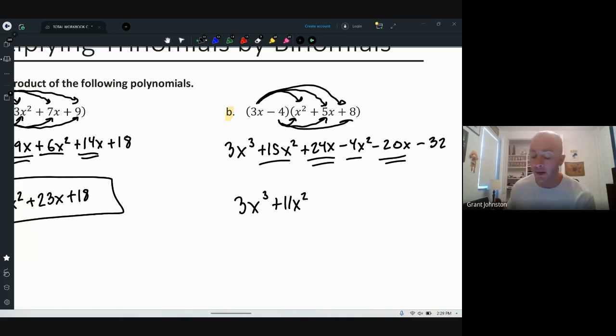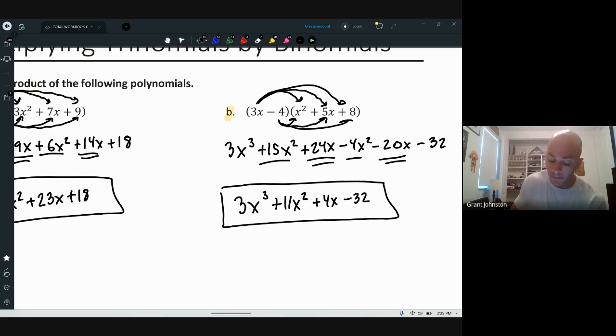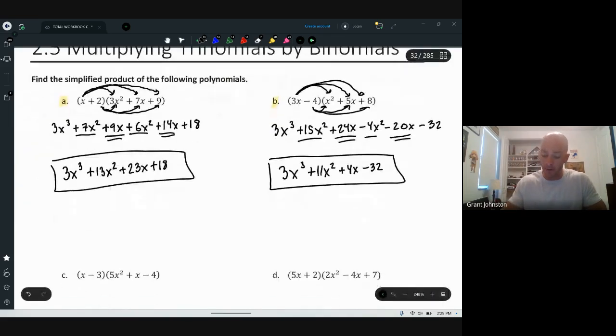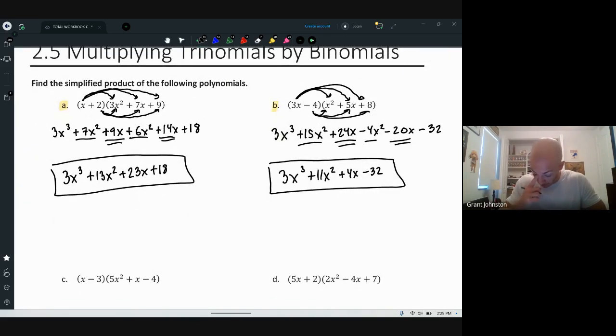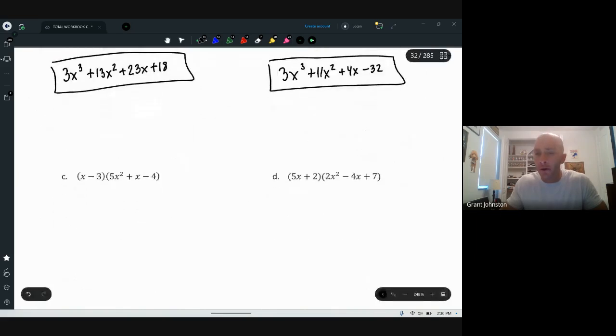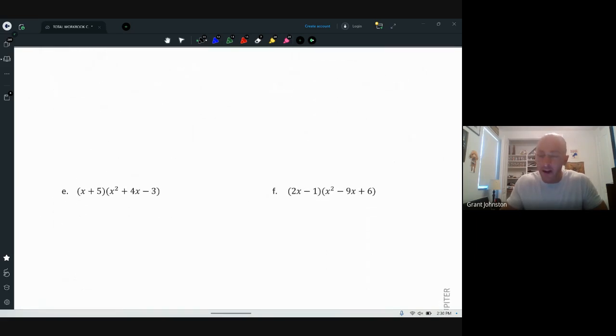The 24x and the minus 20x would just make positive 4x. And then I'm going to rewrite my negative 32. Nothing really new there, I would say. Hopefully those two are enough to try the rest.